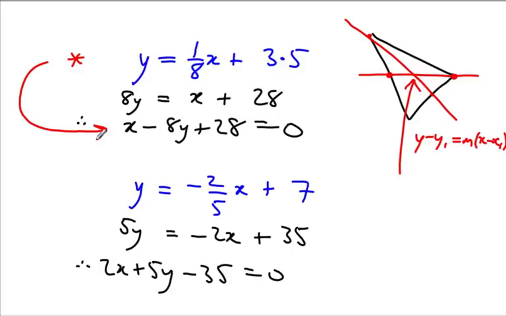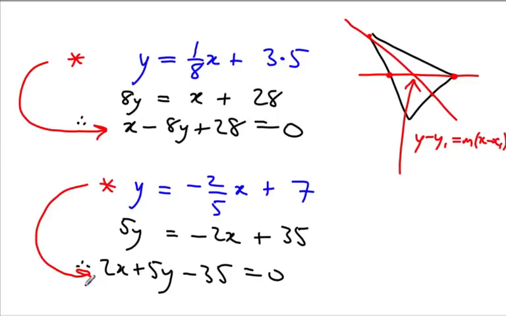Similarly, we repeat the process for the other median, and again, this is the y equals mx plus c form, but we rearrange it and put it into the general form so we can use the calculator.